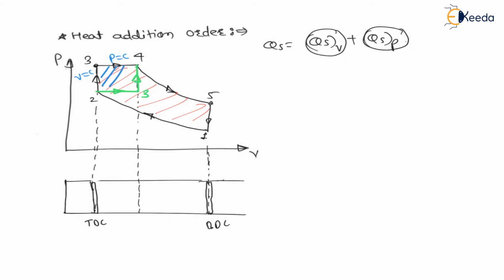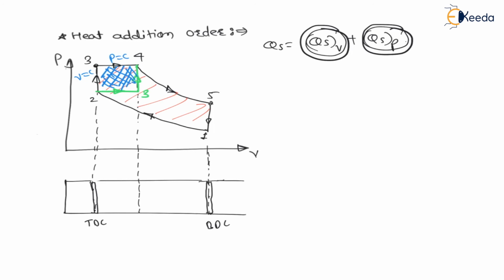That means the area enclosed by the cycle is decreased by this blue shaded area. Hence, net work is reducing. Therefore, theoretically it is not feasible to add heat at constant pressure first and later at constant volume. Theoretically, it is always best to add heat at constant volume first and constant pressure later for obtaining maximum work output, because this order 1 to 2, 2 to 3, 4 and 5 gives the maximum area in the cycle.